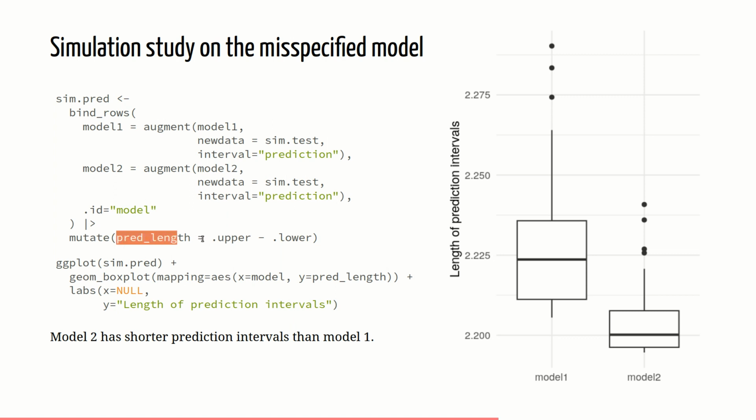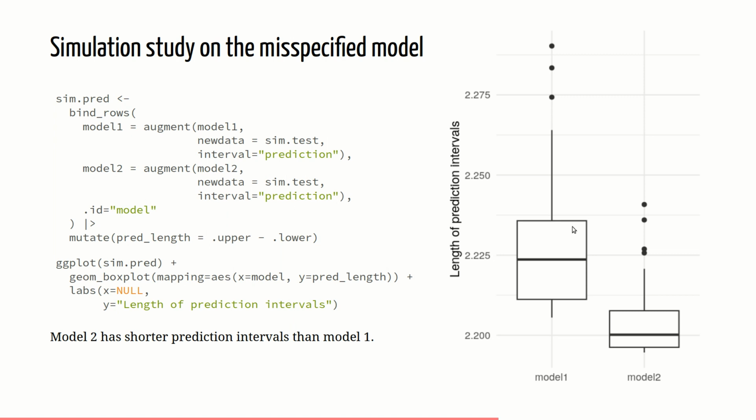And then I'm computing the prediction interval length, which is the upper minus the lower, and I'm plotting them, split up by model. And what I notice is that the length of my prediction intervals for model 2 are consistently lower than the length of the prediction intervals from model 1. So you remember, model 1 was unbiased. We were including the effect of x2.